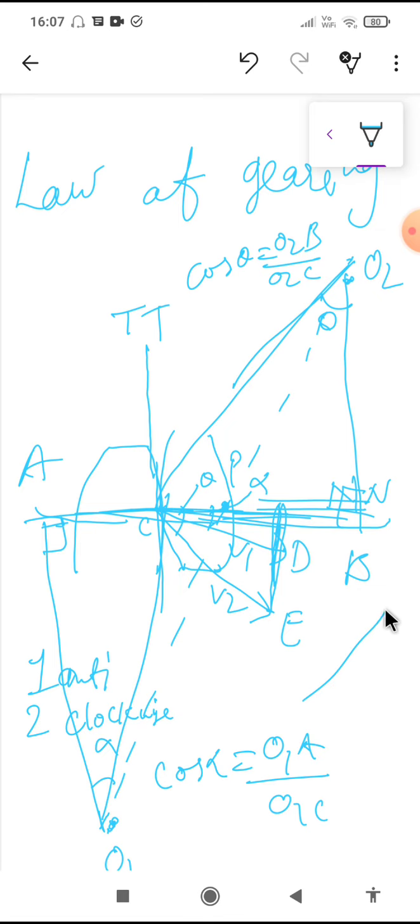So this point is called P, this is O2, and this is O1, and here there is B, and here there is A. Now instead of O2B and O1A, we can write O2P and O1P. Instead of this ratio, we can write this ratio.